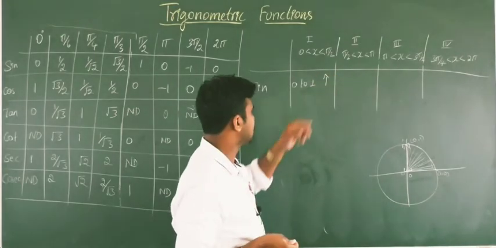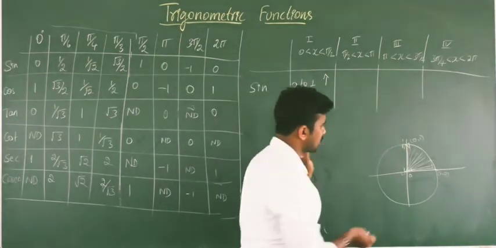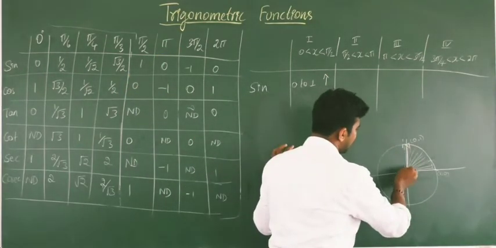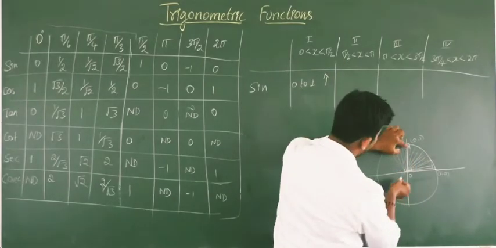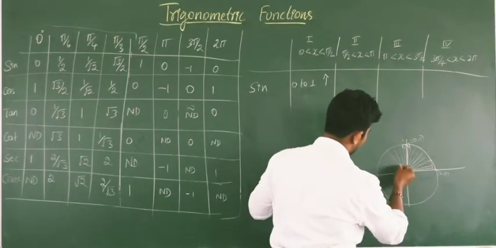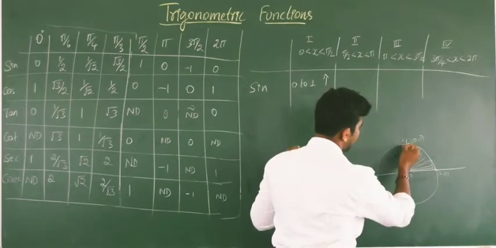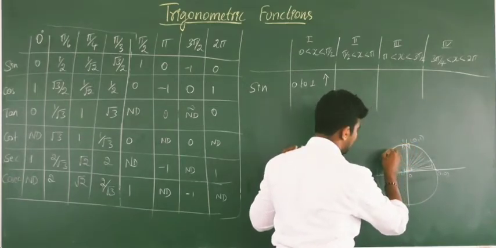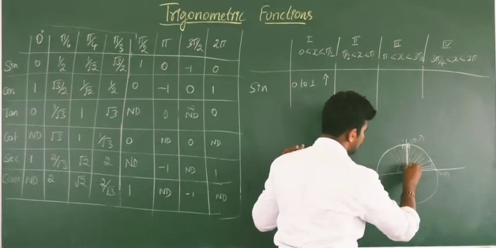Now similarly, next in the second quadrant, we can observe, now I am increasing the central angle from pi by 2 to pi. The central angle pi we will get here totally. Then you can observe here it came back, the value of sine decreased from 1 to 0.